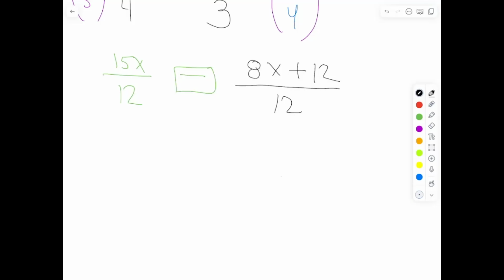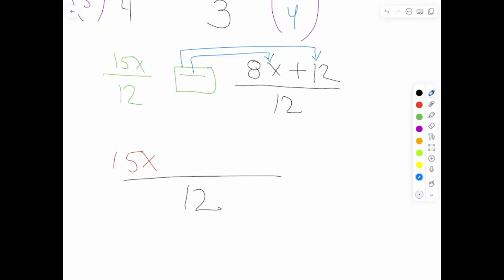If I have the same denominator, I keep the denominator. I have 15x here. What is happening with this negative? This is going to become negative 8x. And a negative and a positive is a negative. Negative 12.